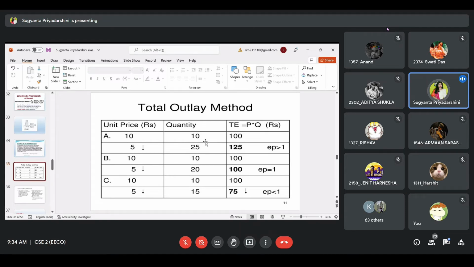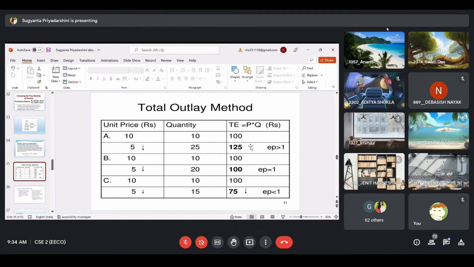So tell me one thing here, guys, whether the price is increasing or decreasing. Decreasing. Perfect. And what about this total expenditure? Is it increasing or decreasing? Increasing, right?